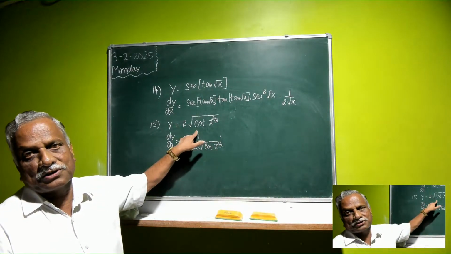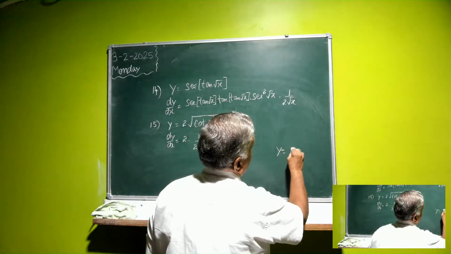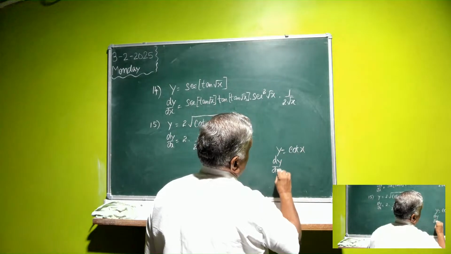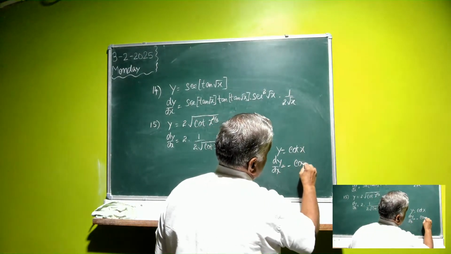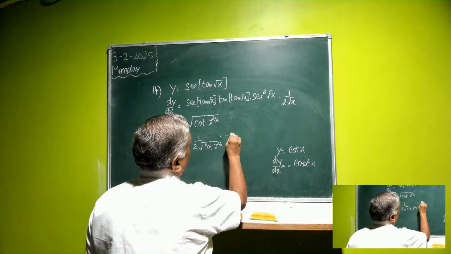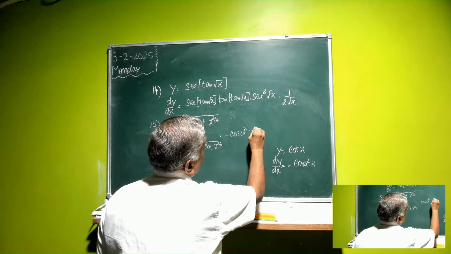Next you have to differentiate cot. What is the derivative of cot x? You can refer to the notes and see. If y is cot x, dy by dx is minus cosecant square x. So I should write here minus cosecant square, not writing x but writing x to the power of 2 by 3.